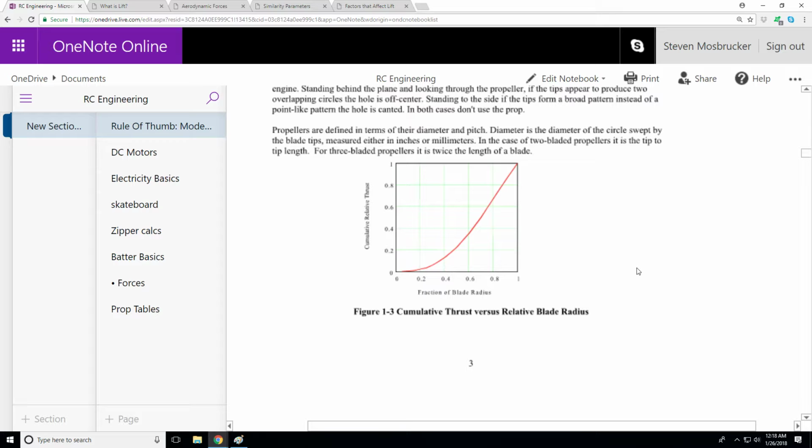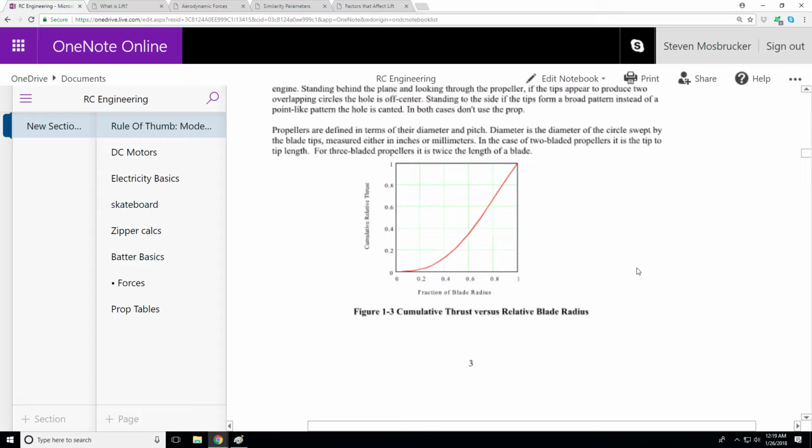We could also think of we're just going to disconnect the plane from it and say the prop. So the pitch is the measurement in inches or millimeters that the propeller will move forward in one rotation. So if you have a 6-inch pitch prop, in one rotation of that prop, if you had no slip and no losses, your propeller should go forward 6 inches in one rotation.